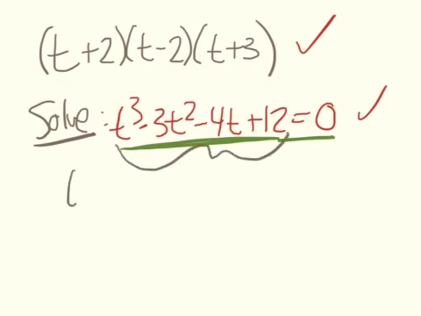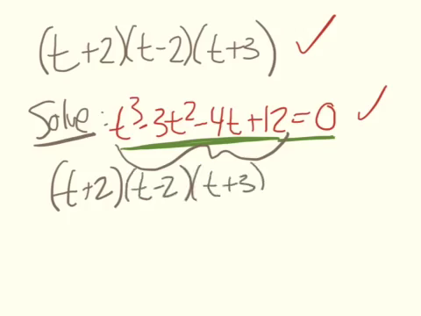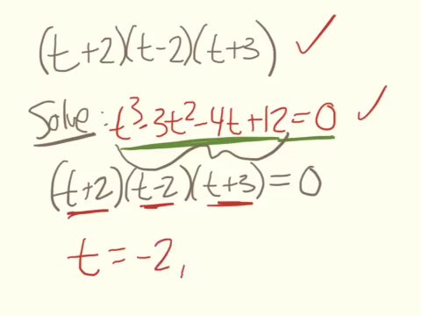We got the factors, right? That was this. And then to solve it, just take each of the three factors, set them equal to 0, and solve. So we know t is either equal to negative 2, a positive 2, or a negative 3. So you can easily solve that.